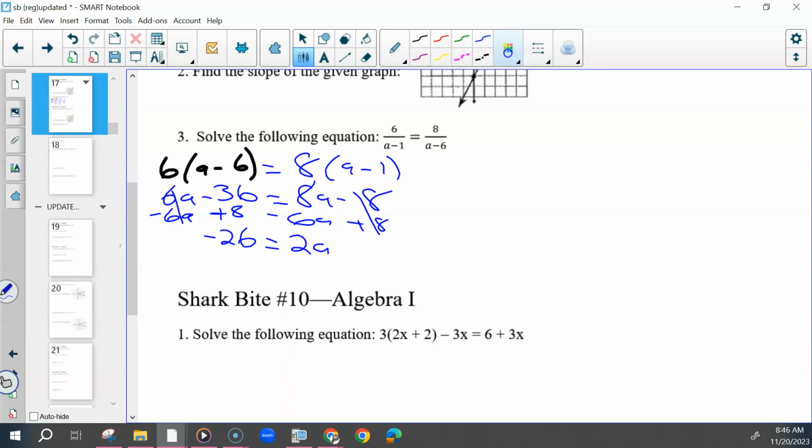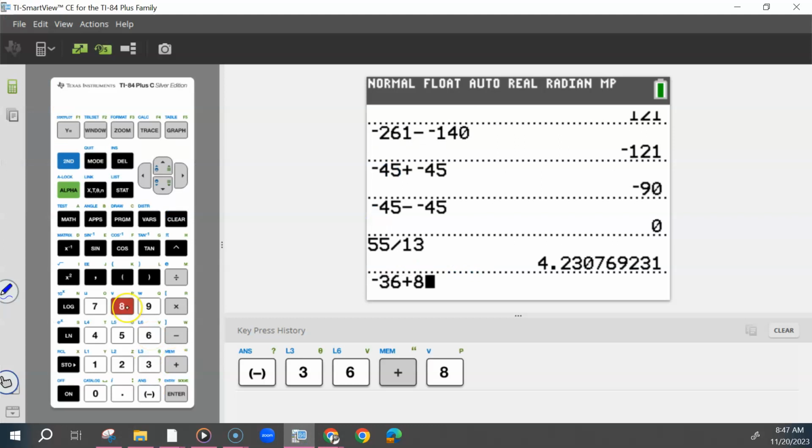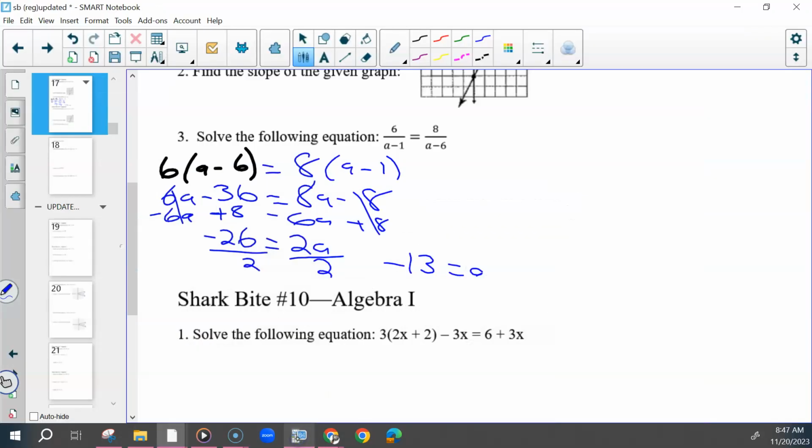And then divide both sides by 2. Negative 14 was our answer. Do you have any questions about that one?